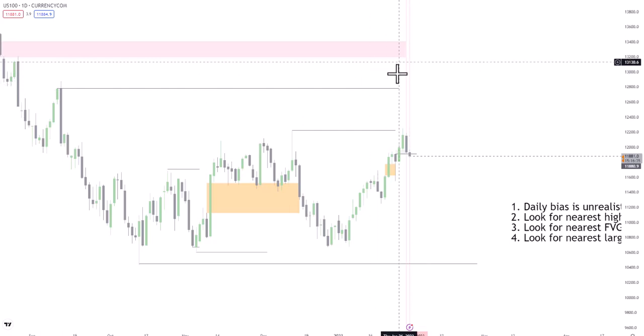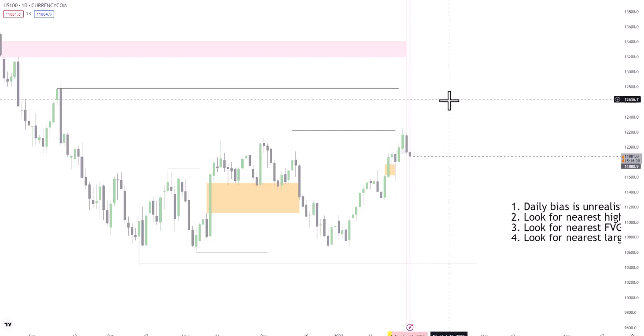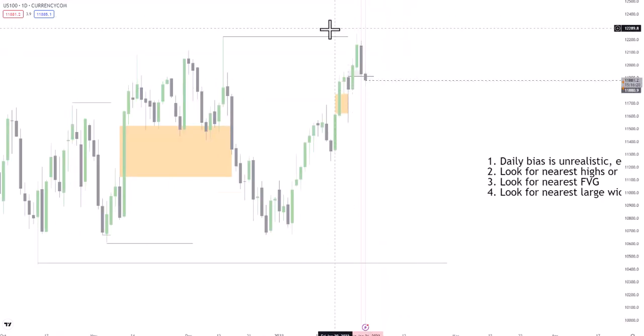If price taps into this rejection block and forms a reversal pattern, I start shorting. I look at what the chart does and react. I don't try to tell the chart what to do. I'm assuming my daily bias to be price taking out this supply. If price does otherwise, I'll react to it.